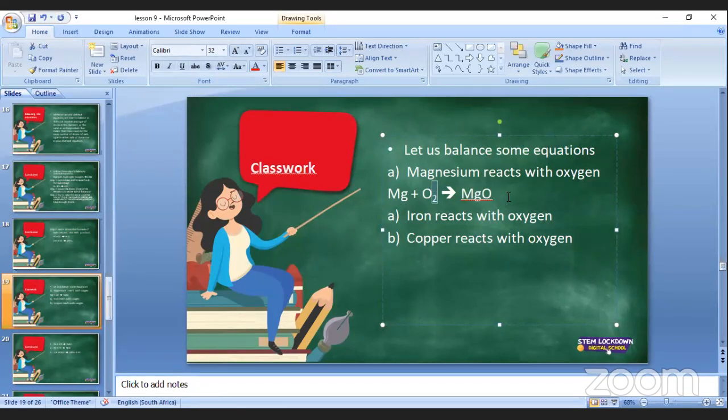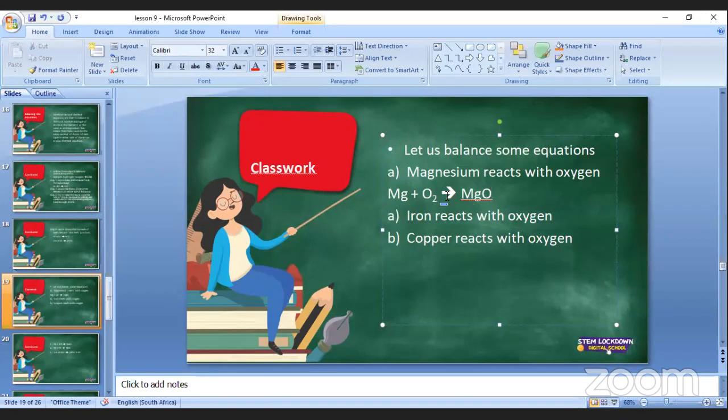So this is how I said to you, magnesium reacts with oxygen. We change it to symbols first. From the periodic table, magnesium is Mg, and oxygen is O2 because it's a diatomic molecule. The product is magnesium oxide.